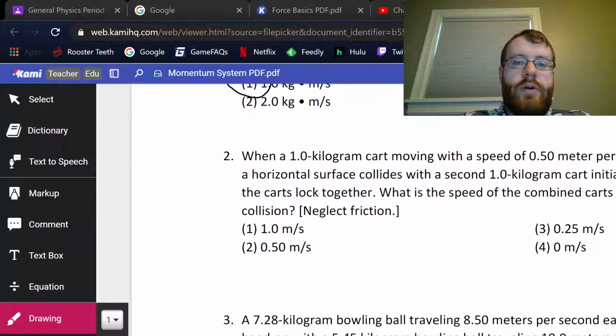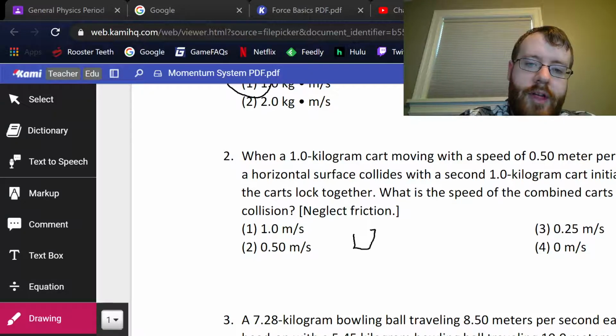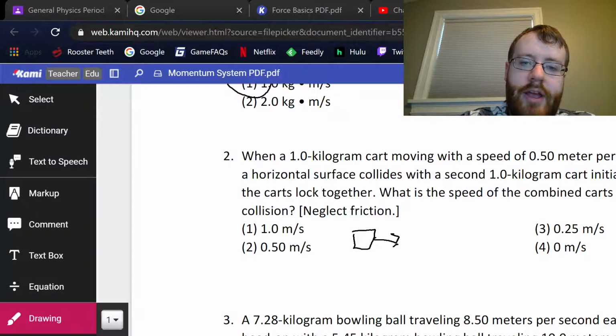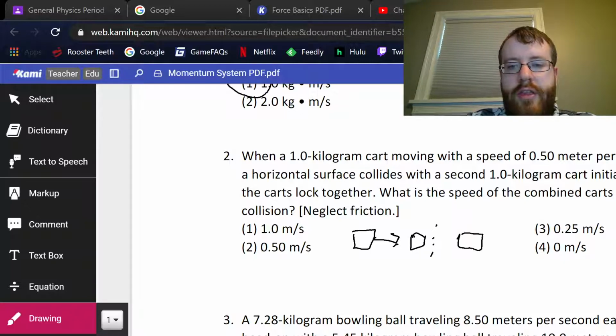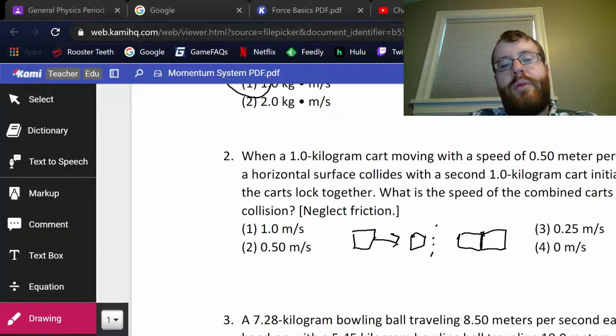All right. Question 2. We have a car that's moving in, and it's hitting a car that has the same mass that's at rest. So we have a car coming in, hitting a car at rest, and then afterwards they stick together. So my momentum before is equal to my momentum after.